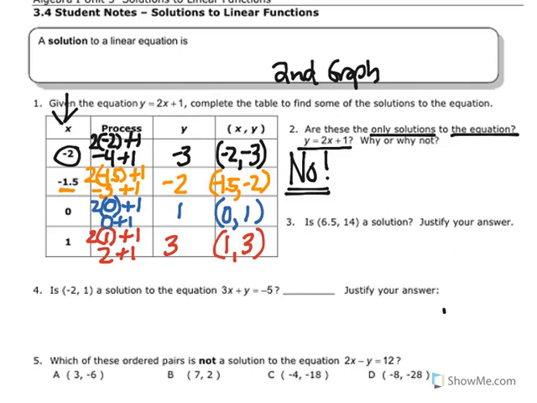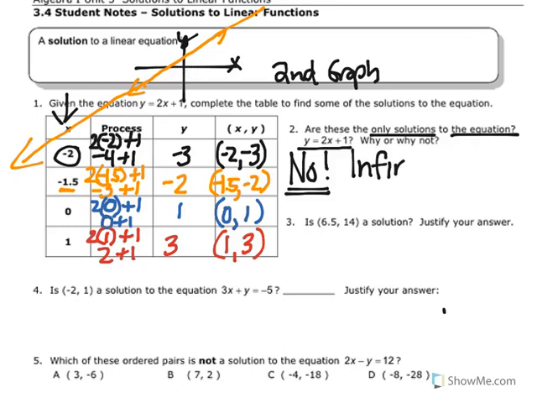If we were to graph that line, 2x plus 1, which is going to go like that, it's going to go on to infinity. There's an infinite number of x's that we can put in and get y. So there's infinite solutions. We can put anything in for x and figure out what y is on that equation.